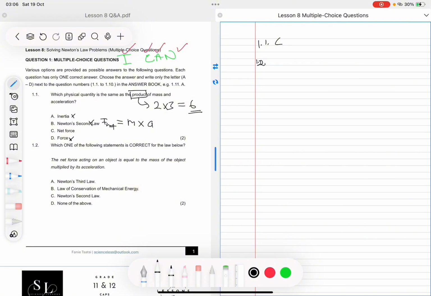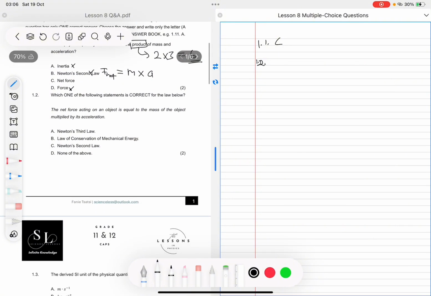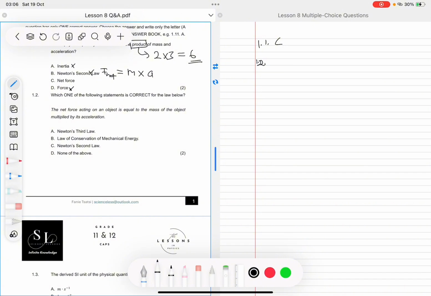1.2. They say, which one of the following statements is correct for the law below? So they've given us a law, and we must decide which of the options A, B, C, and D is correct. Our law says that the net force acting on an object is equal to the mass of the object multiplied by its acceleration.